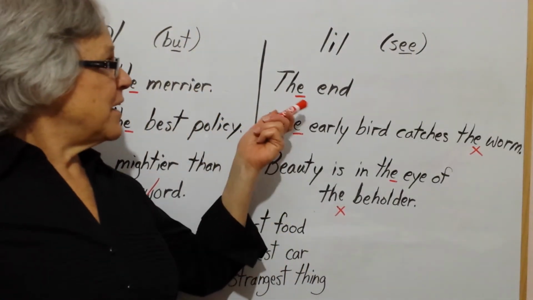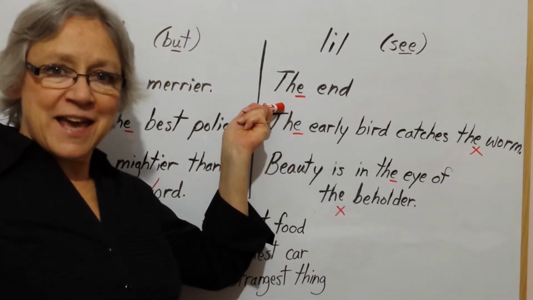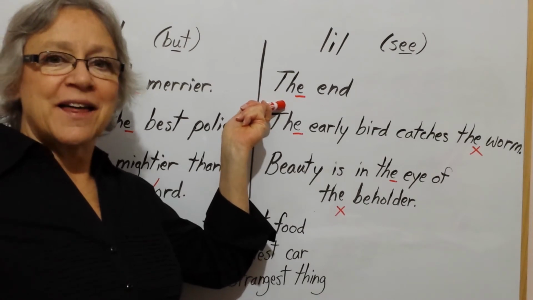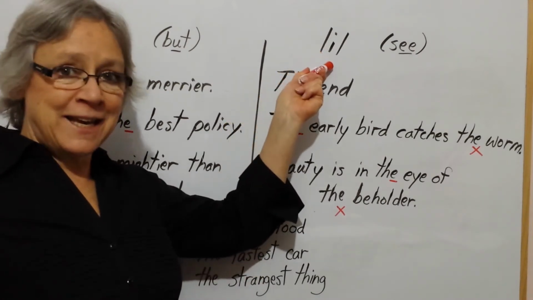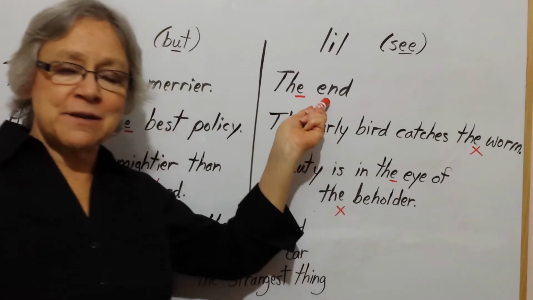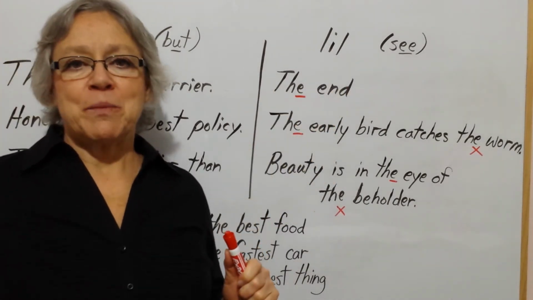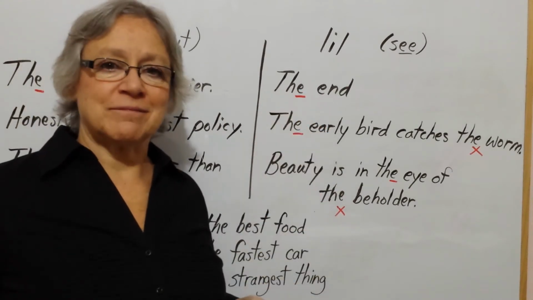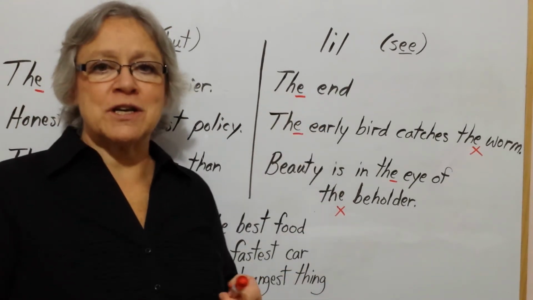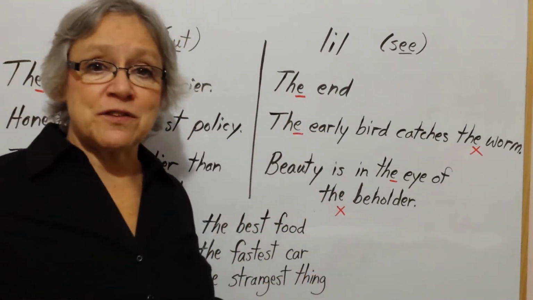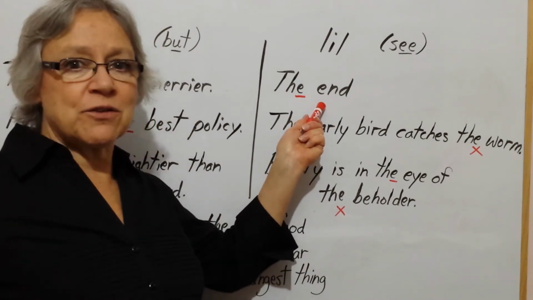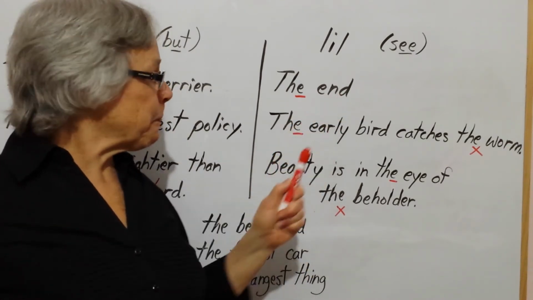On this side, I have the end. The end. So I'm using E, and I use it because end begins with a vowel sound. And I put this phrase up here because we see it often, or we hear it often at the end of stories, or at the end of articles, or at the end of films. We often see or hear the end. Okay?